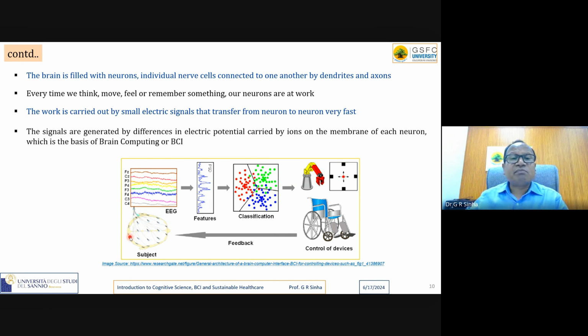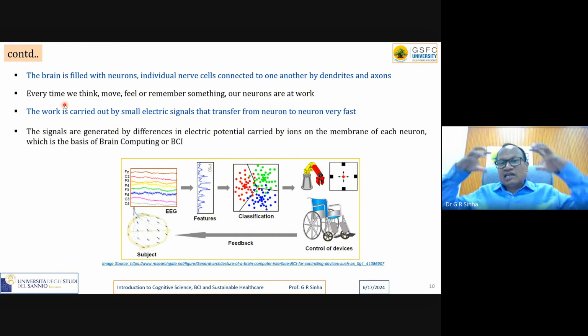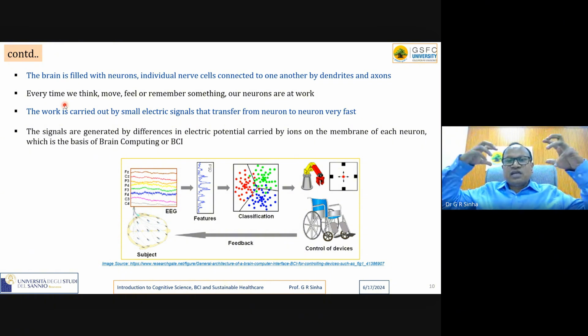The brain, as I mentioned in the beginning, includes around 100 billion neurons, and those individual nerve cells are connected to one another by dendrites and axons. Those neurons are structured in layers, in different groups.